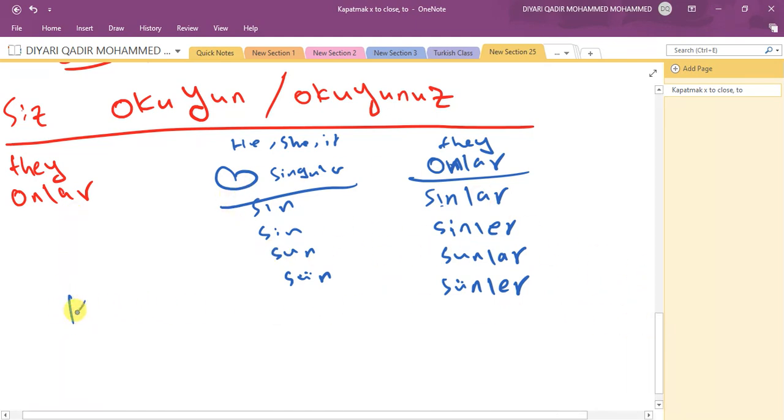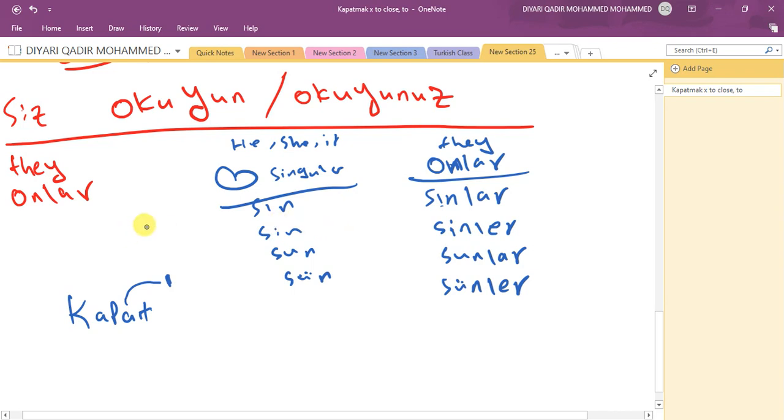For example, we had kapat, that means close. Which suffix do I have to attach to this word in order to order they to close? Kapatsınlar. There's no sun. The reason is kapat, the a changes accordingly. Remember, these suffixes you have to remember very well.